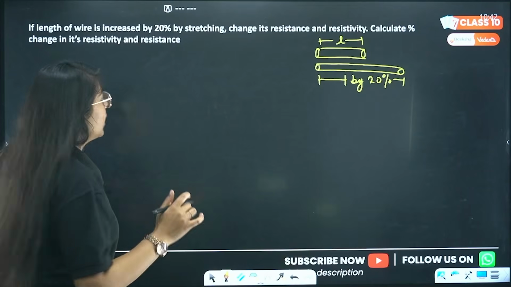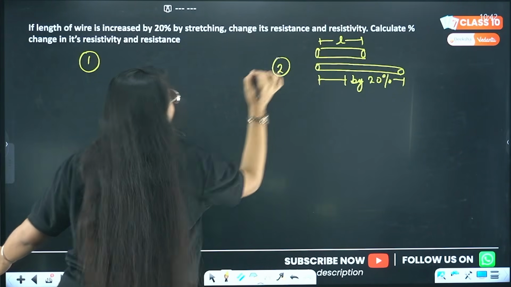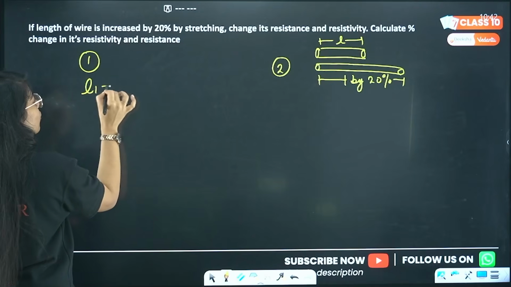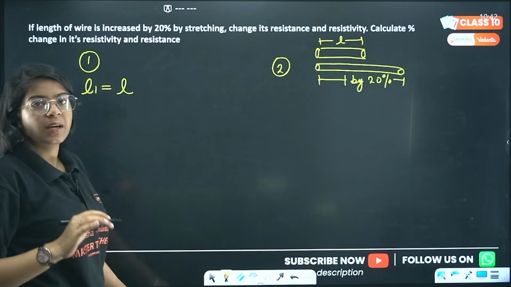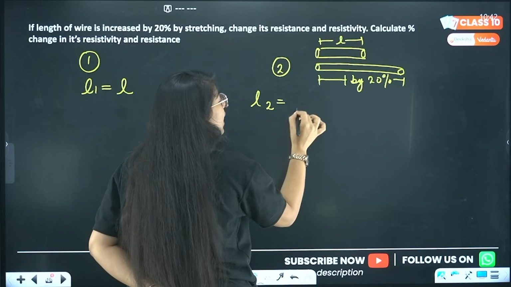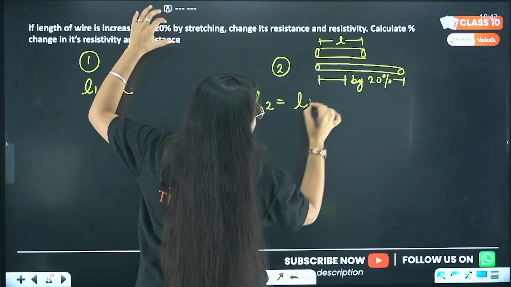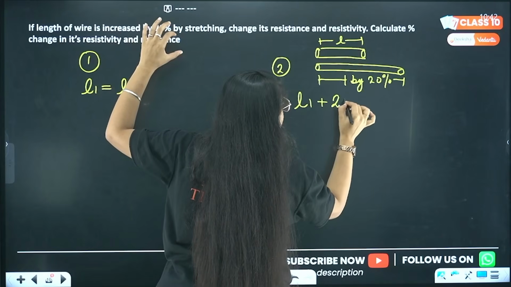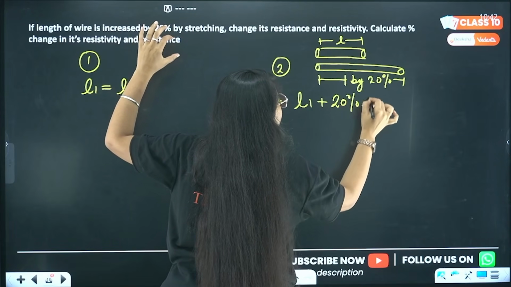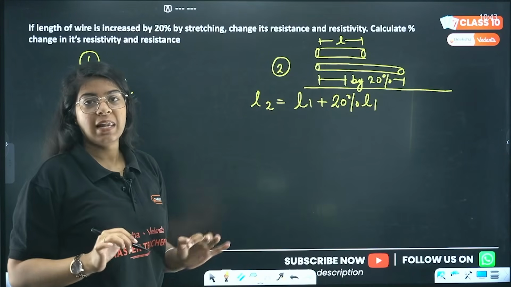Let's look into it. We have two cases, right? For the first case, L1 was simply L, correct? Now in the second case, L2 will be L1, but increased by 20%. That means plus 20% of L1, 20% of the original length.